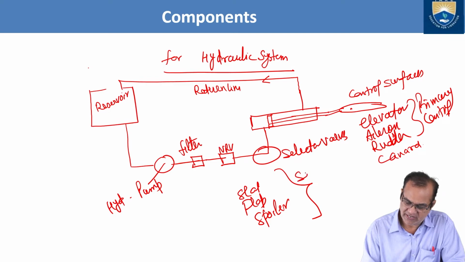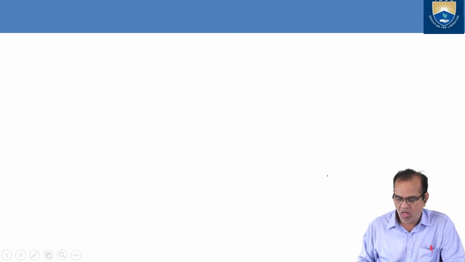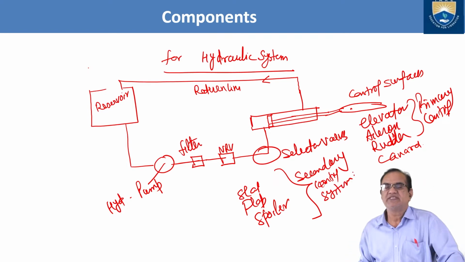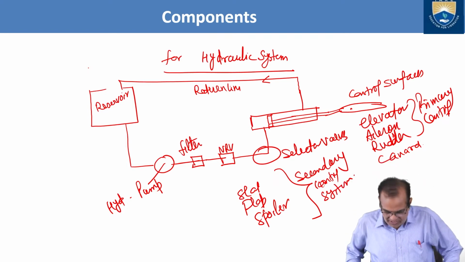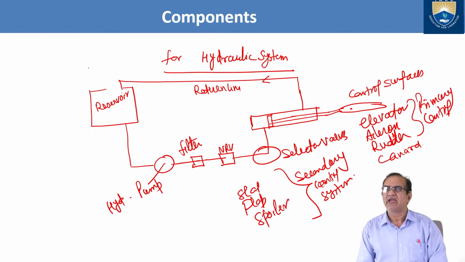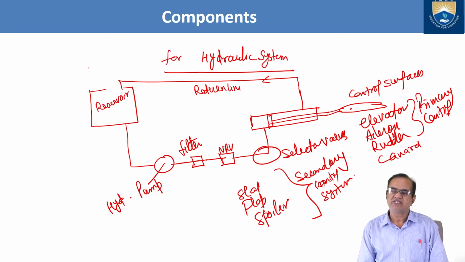These are the secondary control. These are very much essential for any control, so that it should move accordingly. So these are the few components which are used for this type of system.